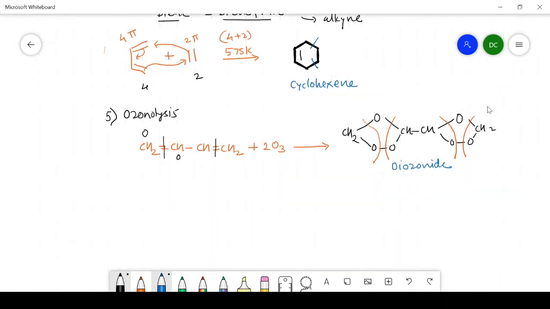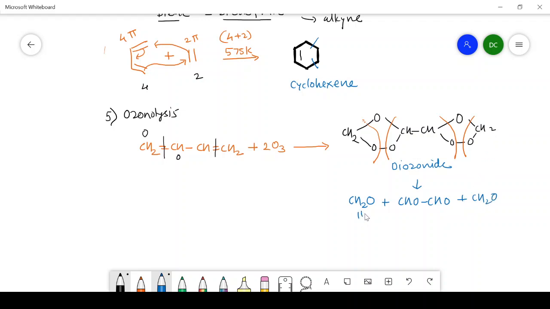See here, after breaking, these bonds are going to break. That's why on this side, CH2O plus. In the middle, there is a CHO single bond CHO plus. On the last here, once again a CH2O.